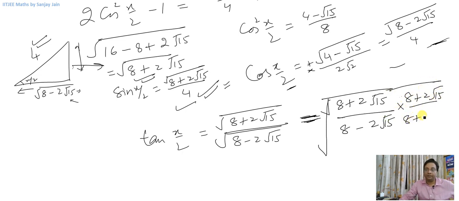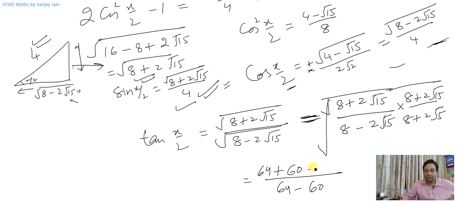So the denominator will become 64 minus 4 into 15, that is 60, and the numerator will become 64 plus 4 into 15, that is 60, plus 2 into 8, 16 into 2, 32 root 15, right? And then there is this square root sign.